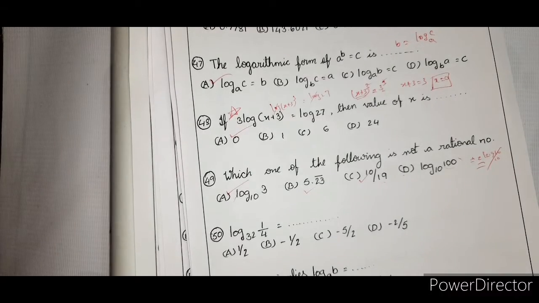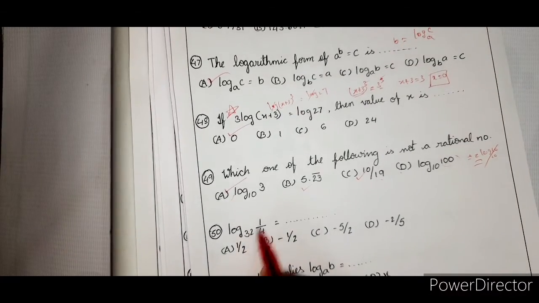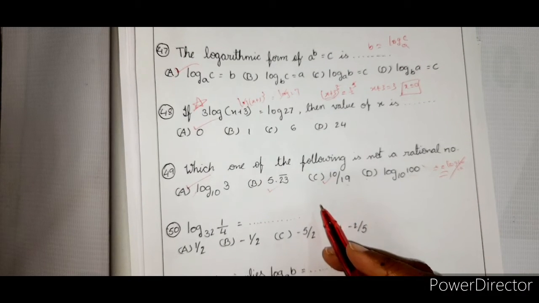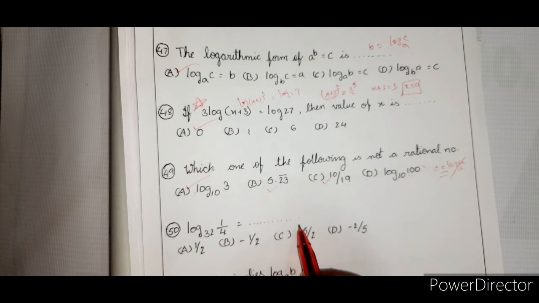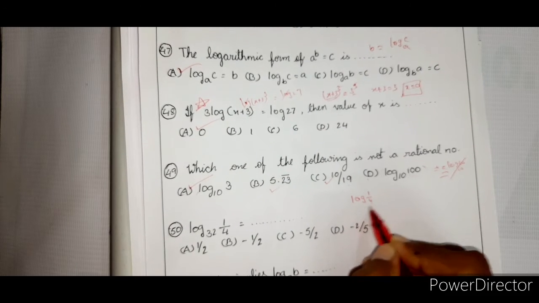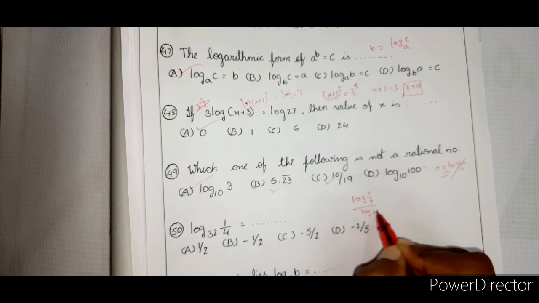Right? Clear? Now the next one is log 32 whole power 1 by 4. So let us write it as log 1 by 4 by log 32.